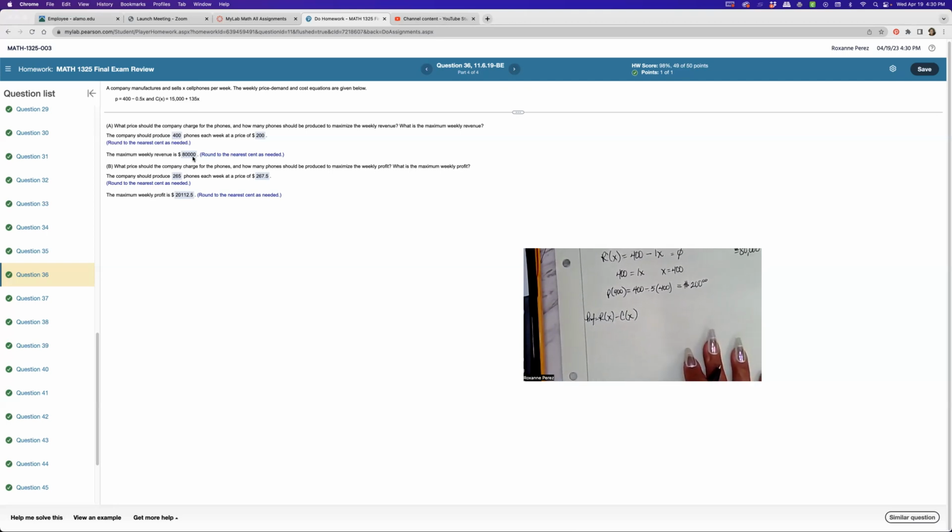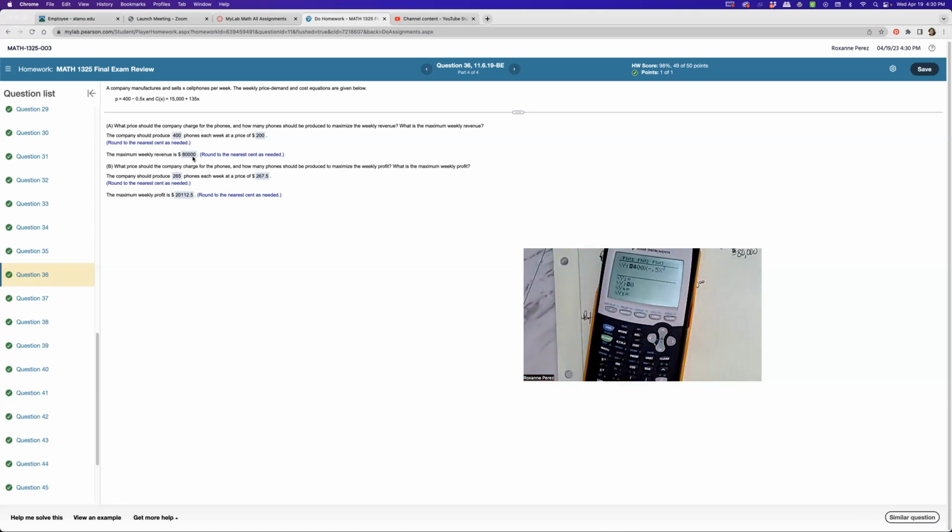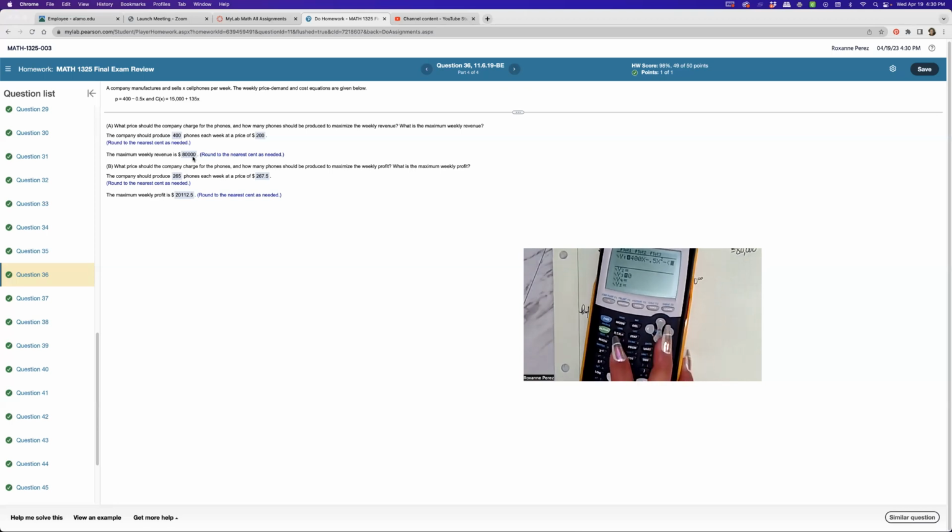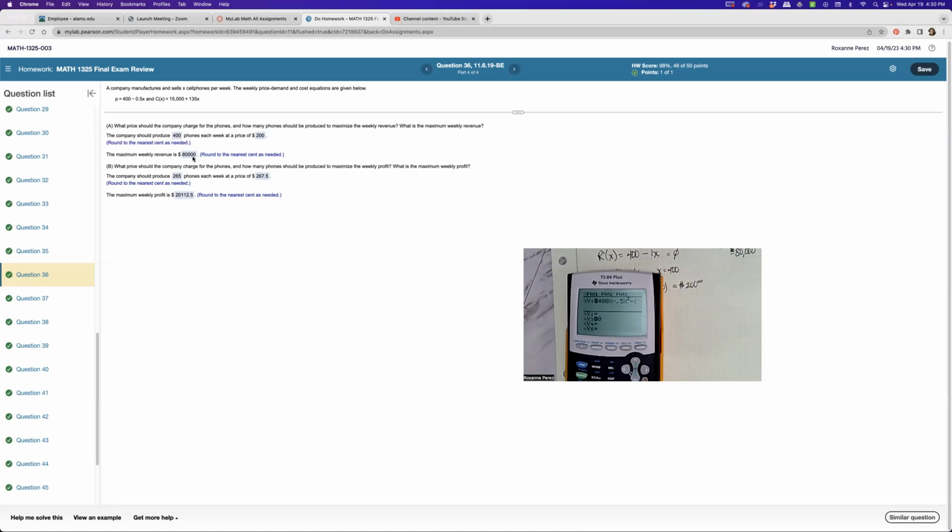We already have our R of x input into our Y equals. Now I just need to do minus the cost function, and it gave us the cost function. So minus parentheses, 15,000 plus 135x, close my parentheses, and I'm going to graph again. So now I have my profit function graph.